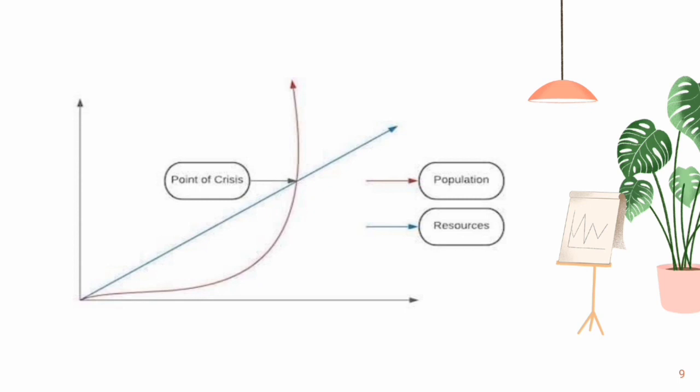So kapag nag-meet yun, yung number of population at yung number ng resource, walang equilibrium. Kumbaga, tumaas yung dami ng population at hindi na kaya matugunan ng food resource. That intersected point would be the point of crisis. Dun yung part kung saan tayo magkakaroon ng problema at magkaka-experience ng adversities.